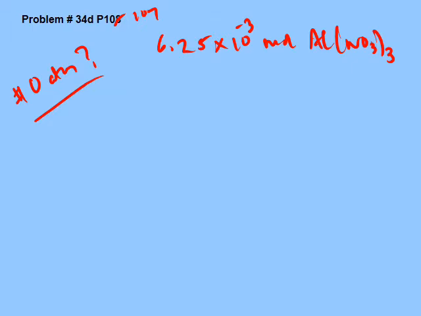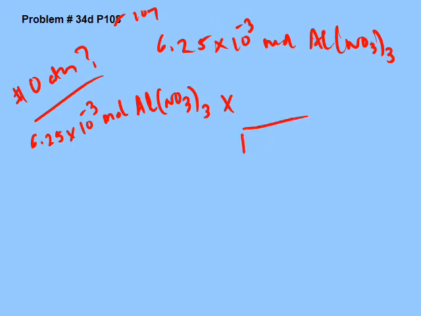Start with what is given: 6.25 times 10 to the power minus 3 mole AlNO3 times, first I would like to get the number of moles of oxygen atoms before I go to number. 1 mole AlNO3.